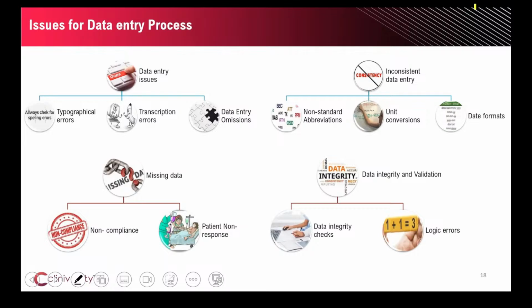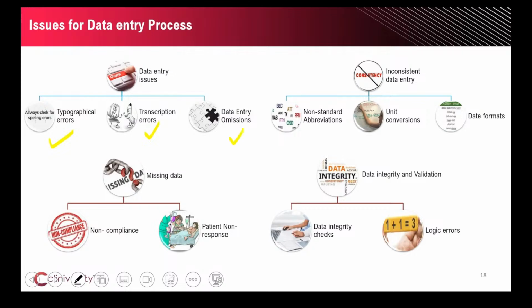Data entry issues. You will have typographical errors. Data entry personnel will make mistakes while typing, which will lead to certain incorrect values or data inconsistencies. Then transcription errors, which occur when transferring the data from source documents to the EDC system or the case report forms. So incorrect copying.